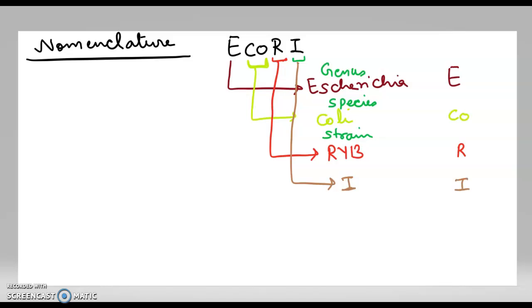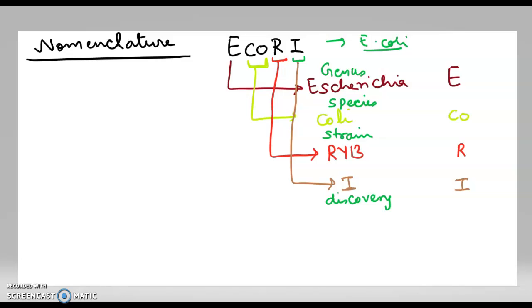It indicates the order of discovery, meaning this EcoR1 restriction enzyme is the first restriction enzyme found in E. coli bacteria. So it's clear from here that the first alphabet is for genus, the next two for species, the fourth one for strain, and the last one for discovery.